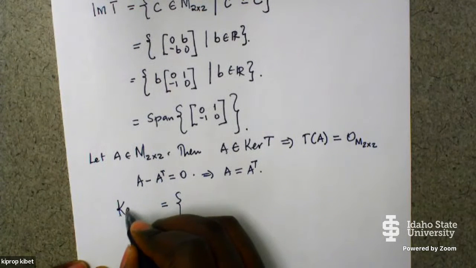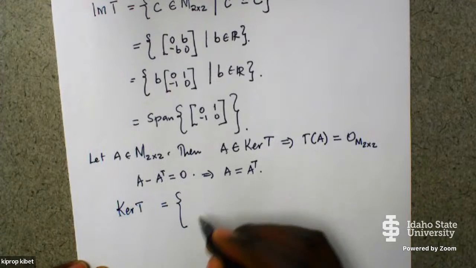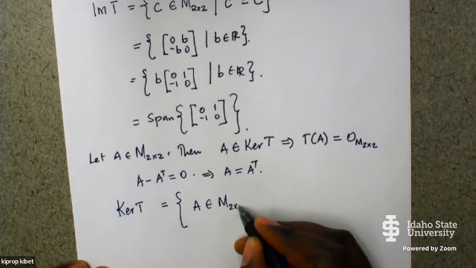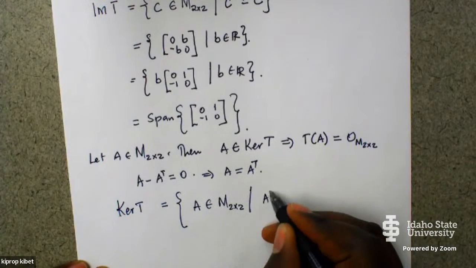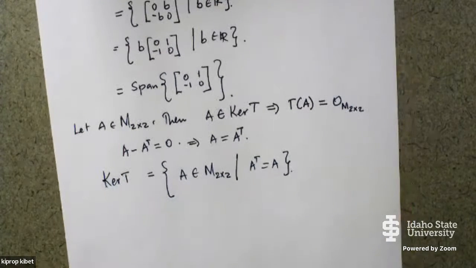The kernel of T is equal to the set of A, an element of M 2 by 2, such that A transpose is equal to A. So what is a matrix in which A transpose is equal to A?